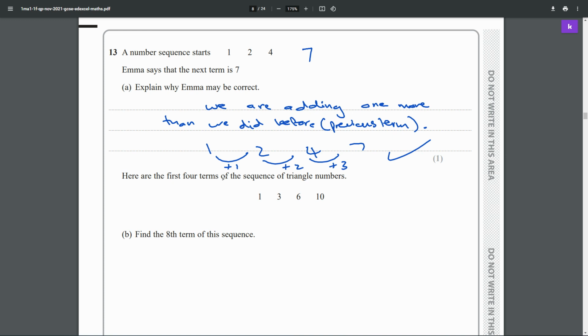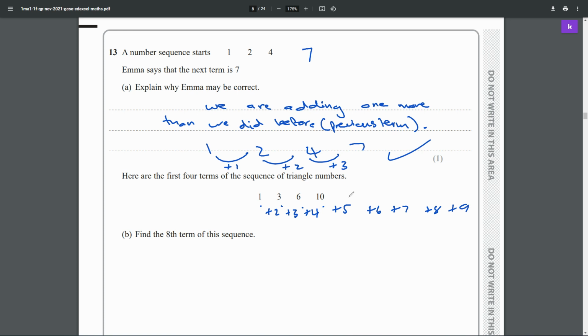And now it says here the first 4 terms of the sequence of triangle numbers: 1, 3, 6, and 10. It says find the 8th term of this sequence over here. All right, so I am plussing 2 over here, plussing 3 over here, and plussing 4 over here, then plussing 5, then plussing 6, plus 7, plus 8, and plus 9.